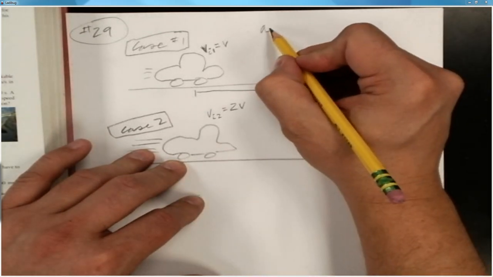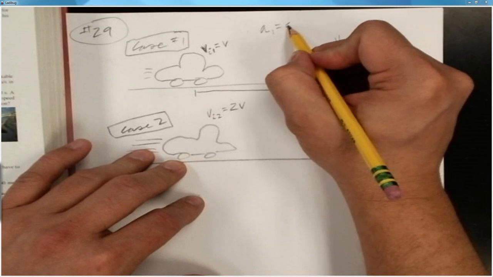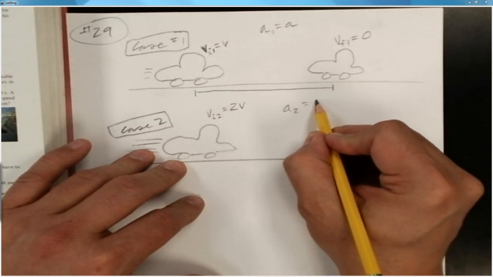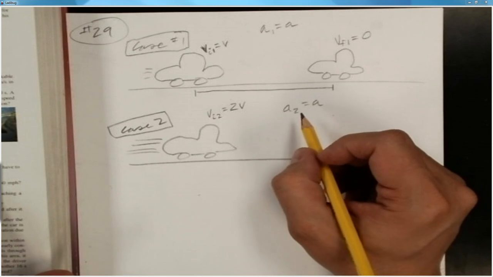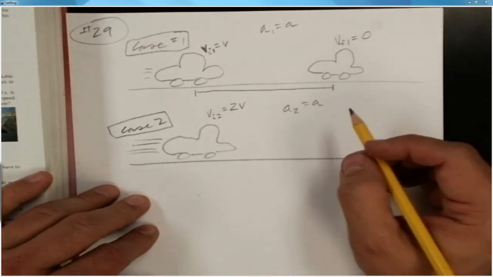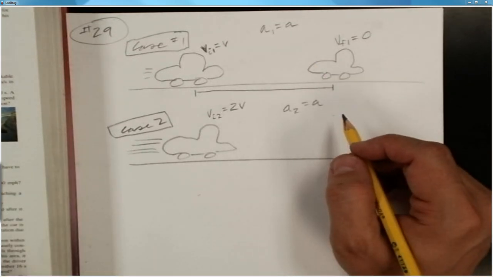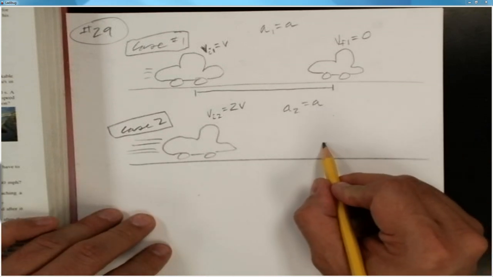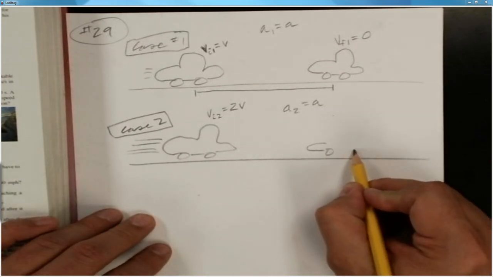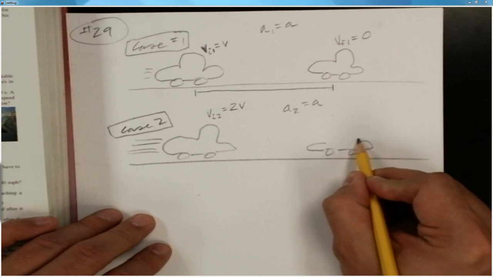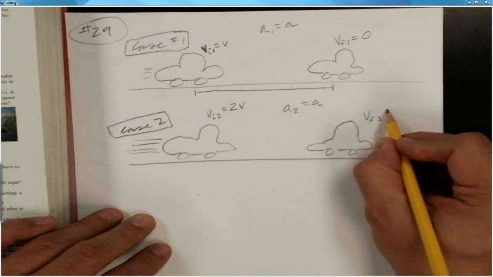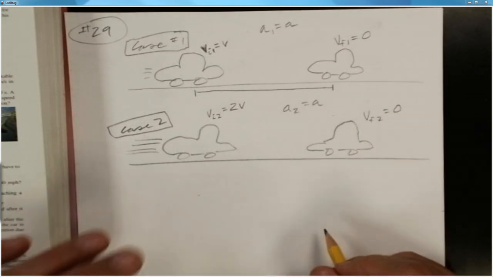The acceleration for 1 is a, and the acceleration for 2 is also a, because it says in the problem that you have the same acceleration for both. And it says you're stopping, so the final velocity has to be the same for both. So v final for 2 is equal to 0.